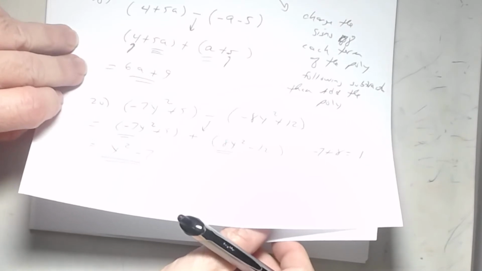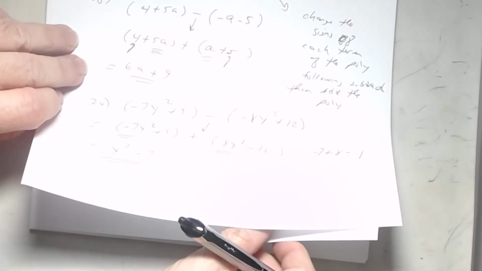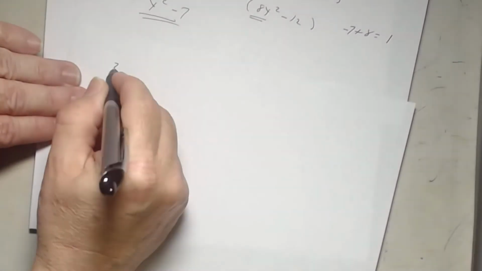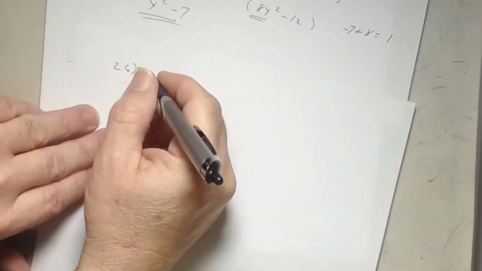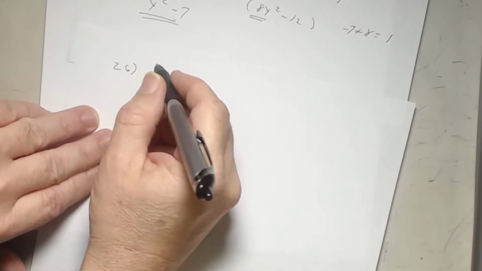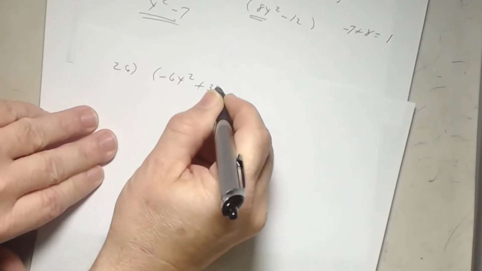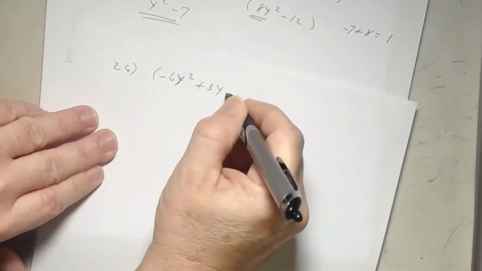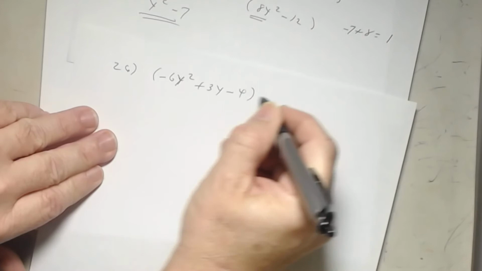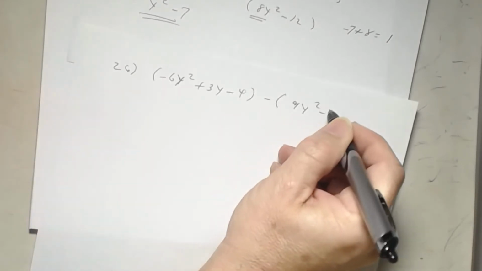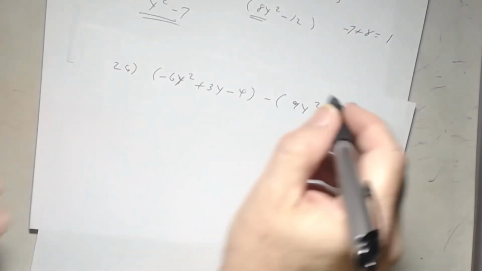All right. Let's do 26. Okay, so here's 26. You have negative 6y squared plus 3y minus 4, and you're subtracting 9y squared minus 3y.